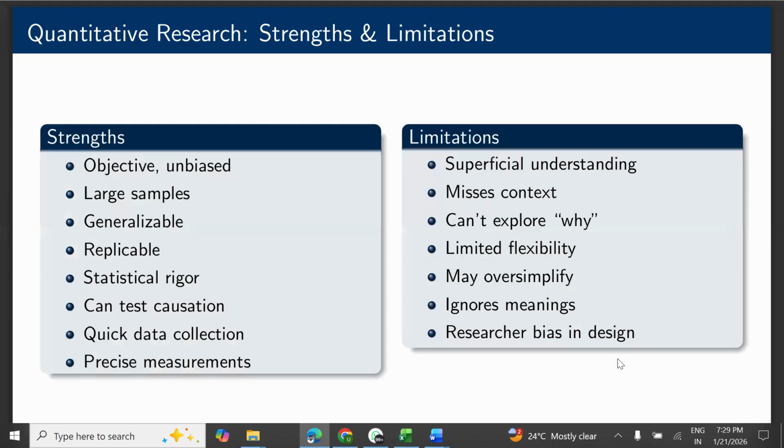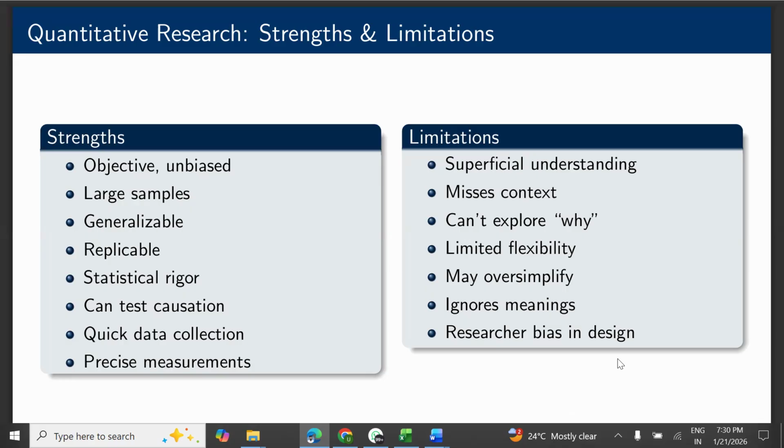So now we should know the strengths and limitations of quantitative research. The strengths are that it is objective and unbiased, based on a large sample, generalizable, replicable, it has statistical rigor, it can test causation, and it has quick data collection and precise measurements.